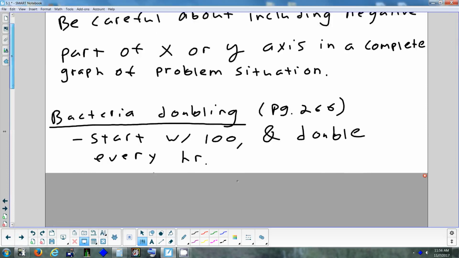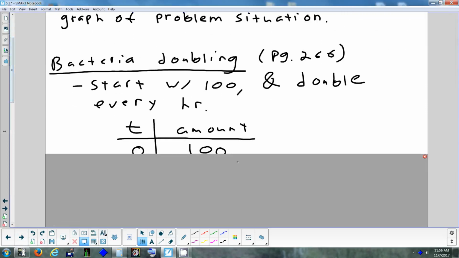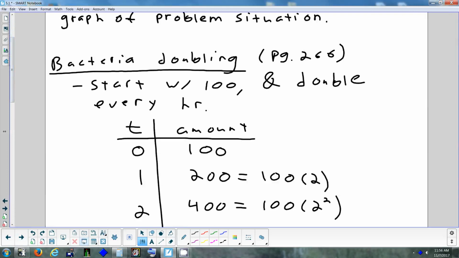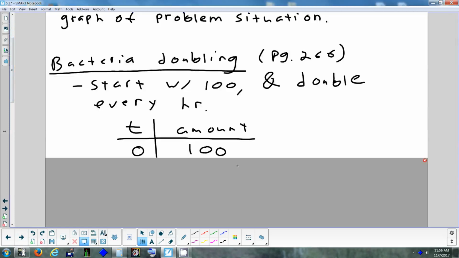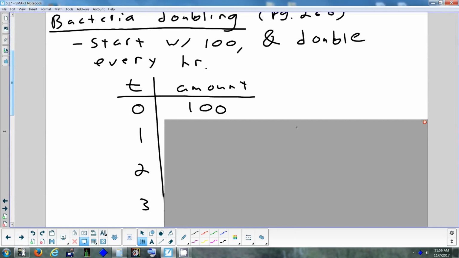All right, let's look at an example of a bacteria doubling. Let's say you started off with 100. After 1 hour, how many would you have if it's doubling every hour? Yep, 200.